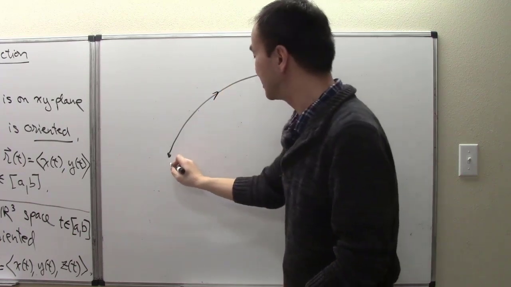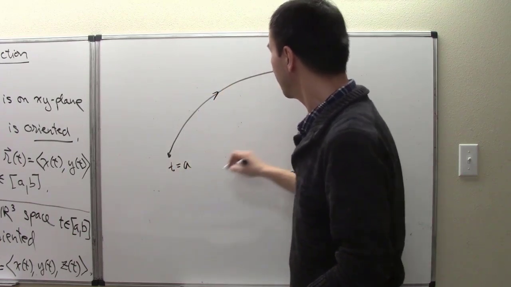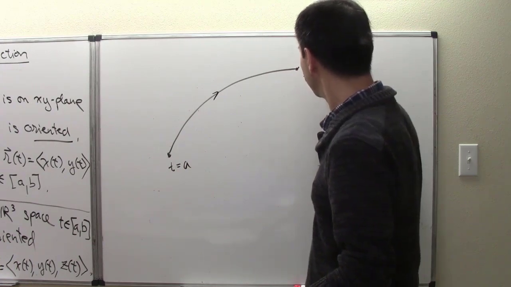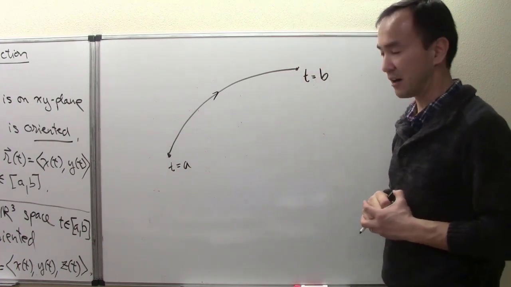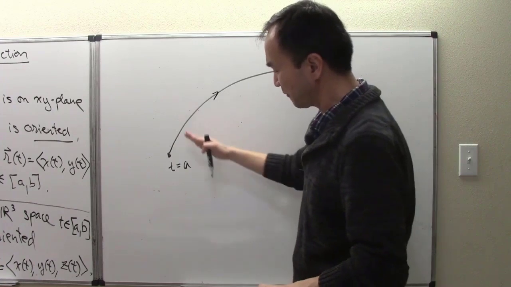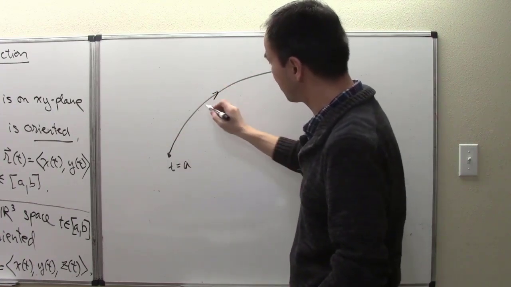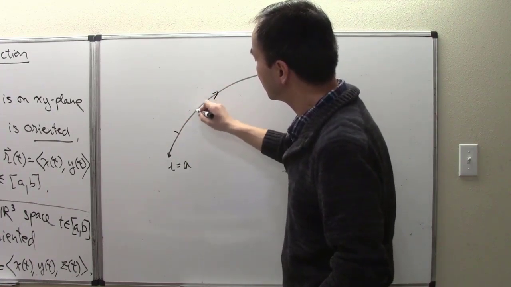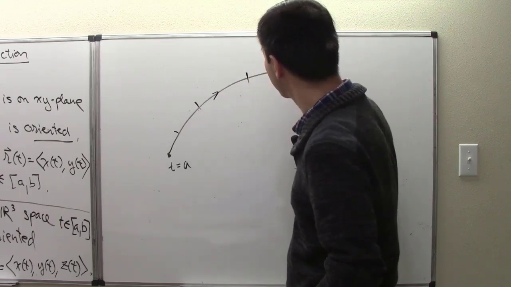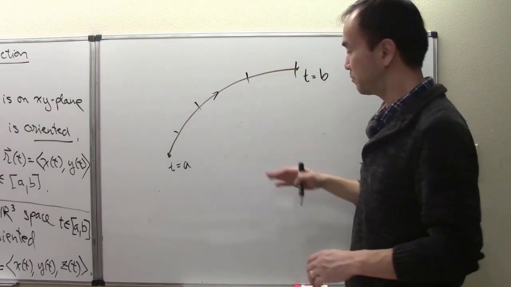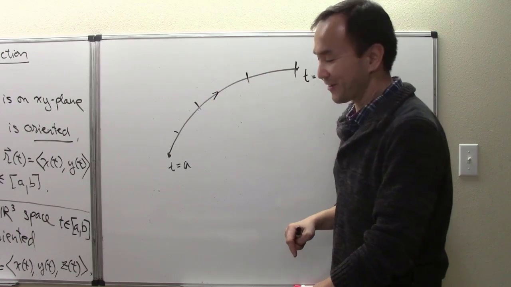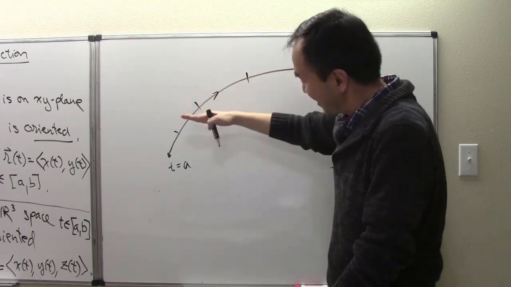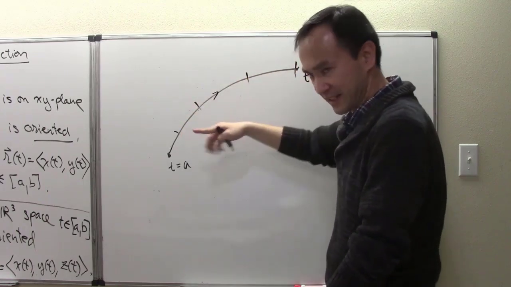So t equals a is here, that's the beginning, and t equals b is at that point, the ending of our curve.